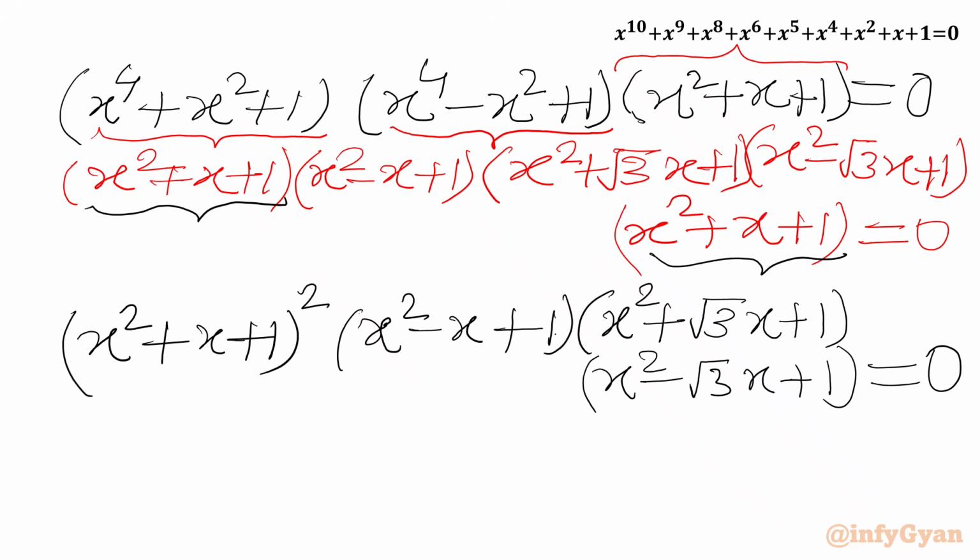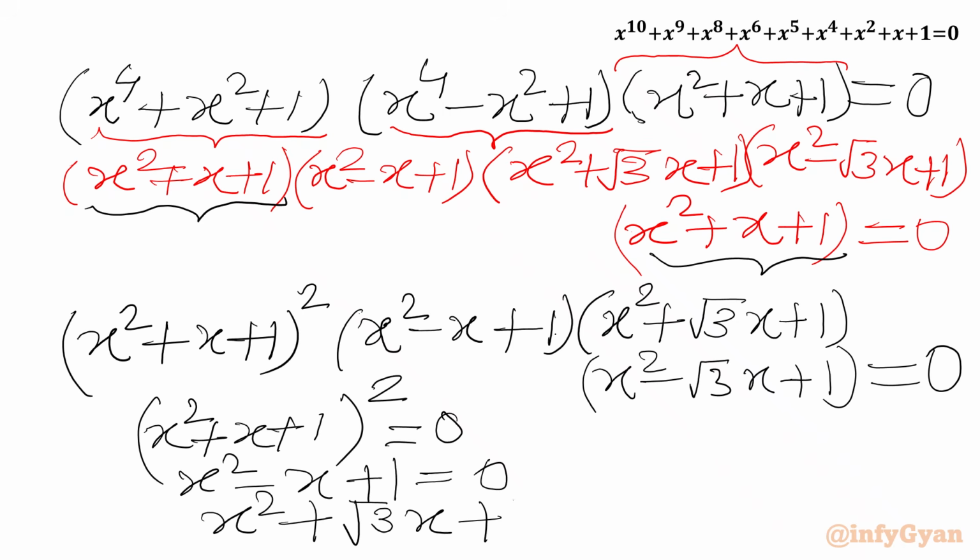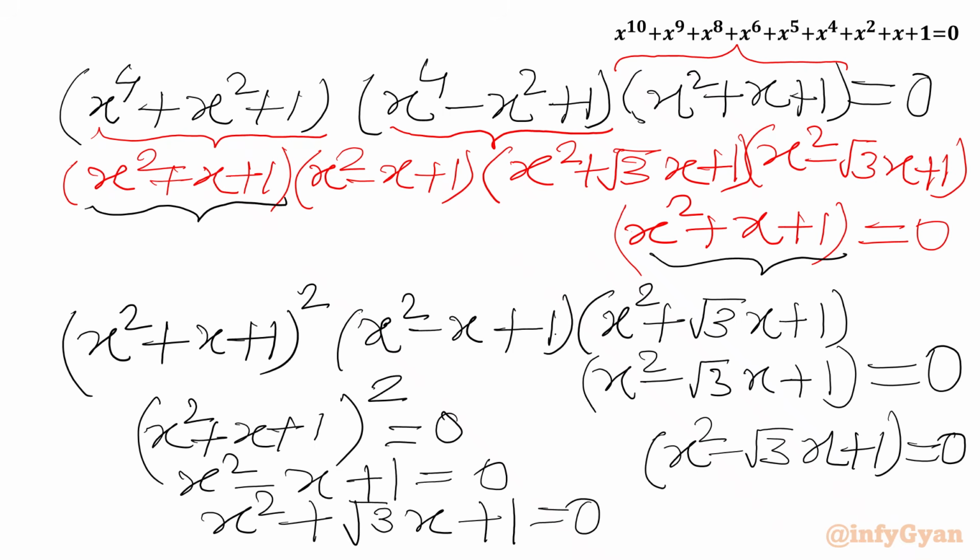Now we can use the product 0 rule. We are going to get 4 equations. Either x square plus x plus 1 whole square should be 0, or x square minus x plus 1 must be equal to 0, or x square plus square root 3 times x plus 1 should be 0, or the last bracket x square minus root 3x plus 1 must be 0.